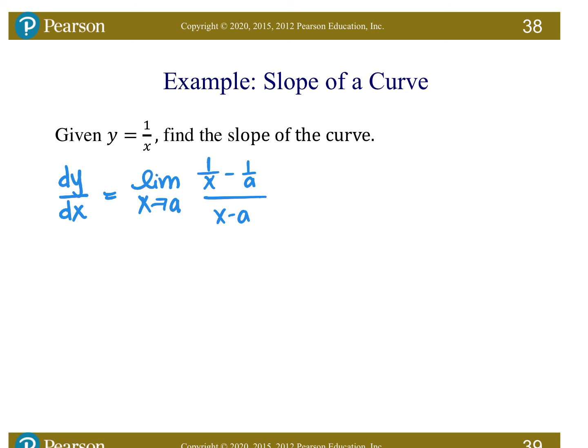And I work my happy way through this derivative, getting the common denominators and stuff. Let's pretend we've done all that work. We get negative 1 on the top and a squared on the bottom. Almost done. We call this the tangent slope.